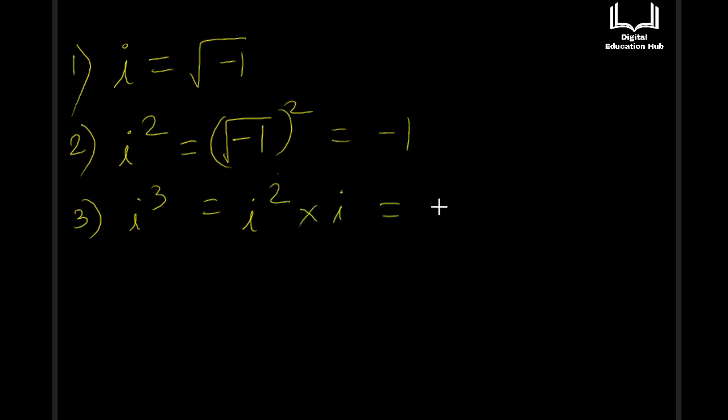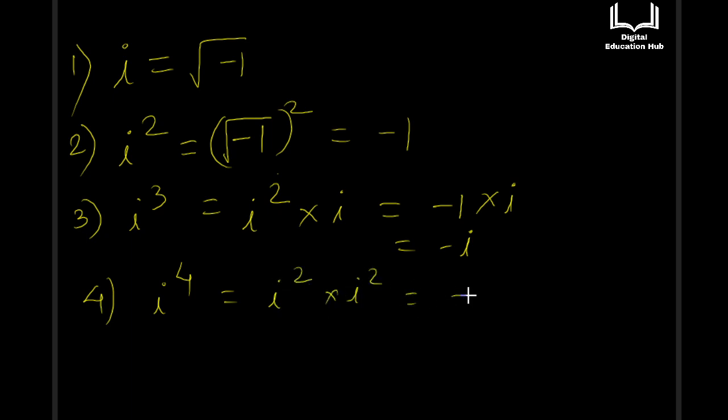What is i square? That is minus 1 into i, and that gives you minus i. Similarly, i raised to 4 can be written as i square into i square, and i square is nothing but minus 1 into minus 1, which is going to be 1. So we can say that i raised to 4 is 1.